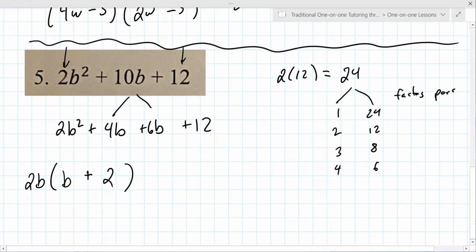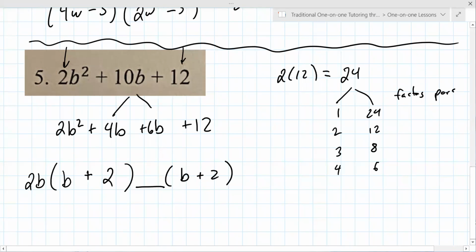Very good. Now you immediately write that over here. And you figure out, what goes in this space? To figure that out, you have to multiply. You have to multiply to get 6b, multiply 2 to get 12. 5 times b is not 6b. 5 times 2 is not 12.